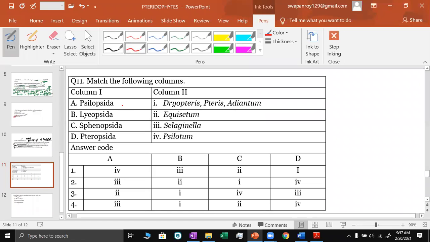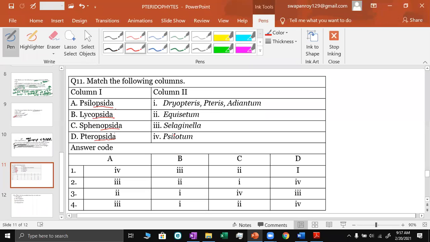These are classes. The class names end with opsida: Psilopsida, Lycopsida, Sphenopsida, and Pteropsida. Opsida is the suffix here.